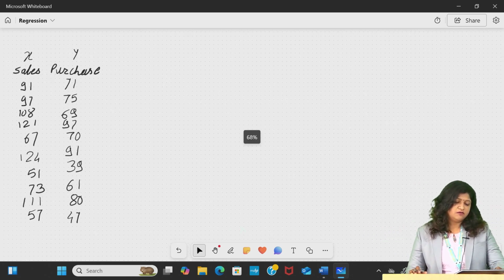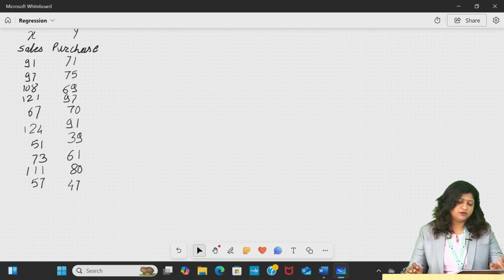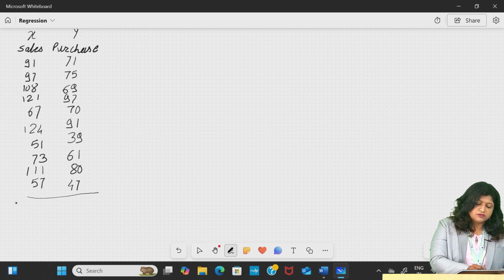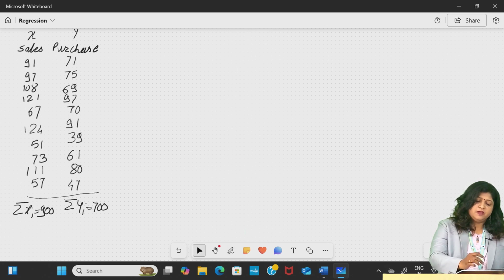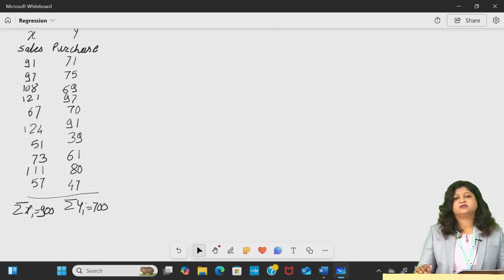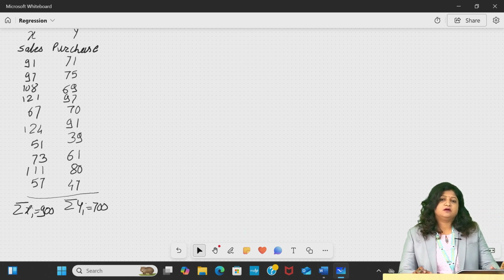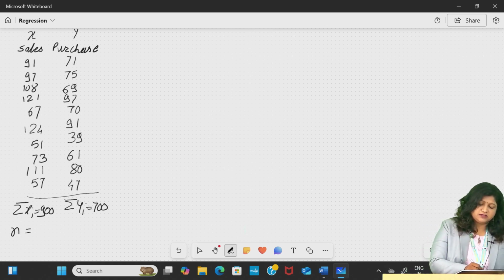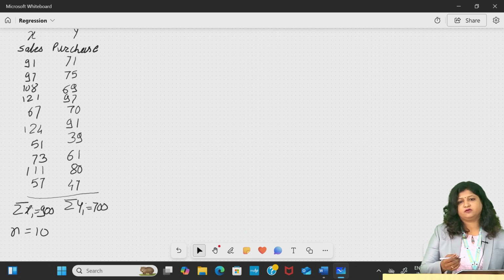Here we are going to calculate the sum of these columns. So summation of xi is equal to 900 and summation of yi is equal to 700. Now we are going to calculate x bar and y bar. The number of observations is 10, so n is equal to 10, the total number of observations.